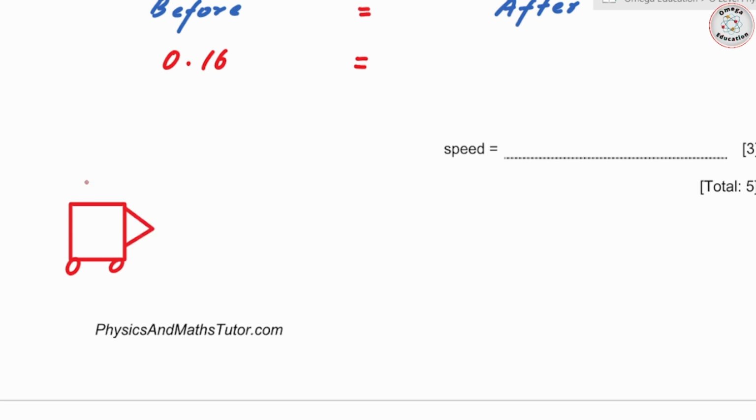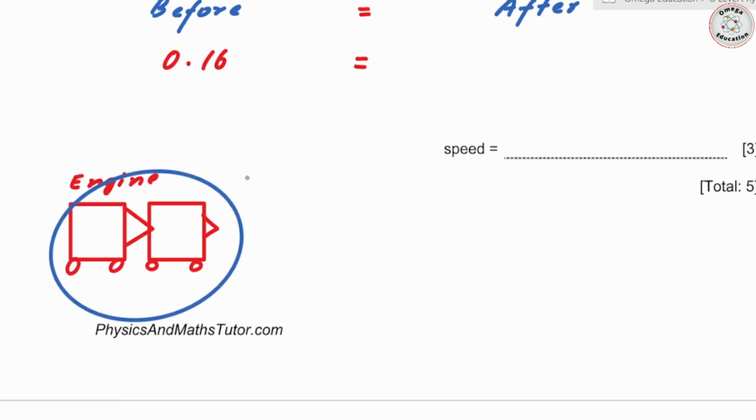This is your engine. After collision, this engine combined with the stationary truck. Now they behave as a single unit. Now you can think about it, this whole object is a single toy. In order to find the momentum of this whole thing, you need to find the total mass of this thing.